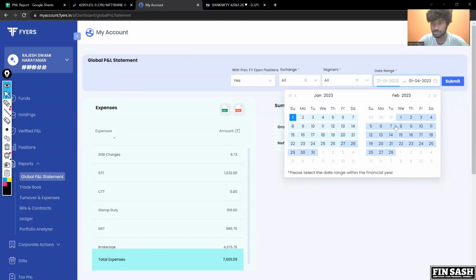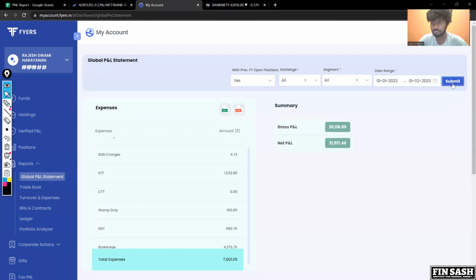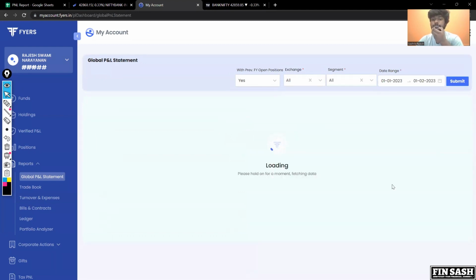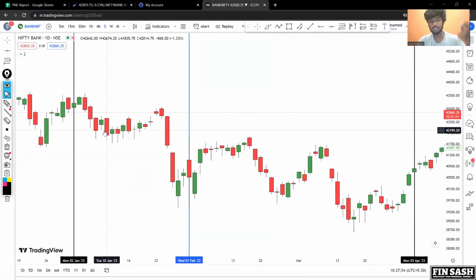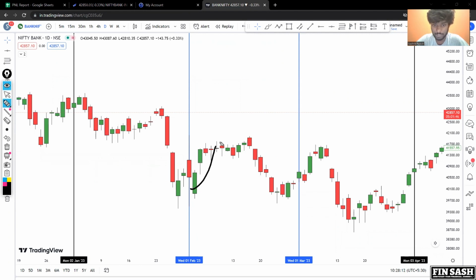From Jan 1st to Feb 1st, we made a total profit of 8,854 even in this kind of a market, all because of option selling. I literally gave out the strategy, and it was the same strategy which gave me this amount. And from Feb 1st to March 1st, which was here, the market was again basically consolidating.